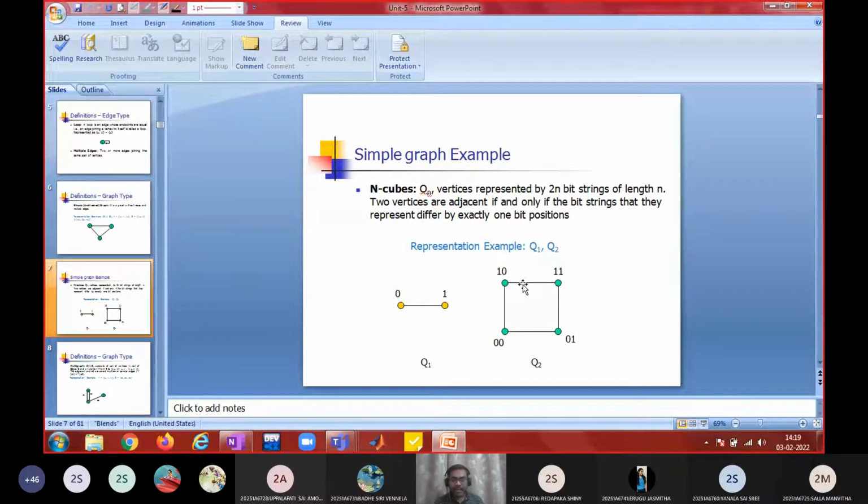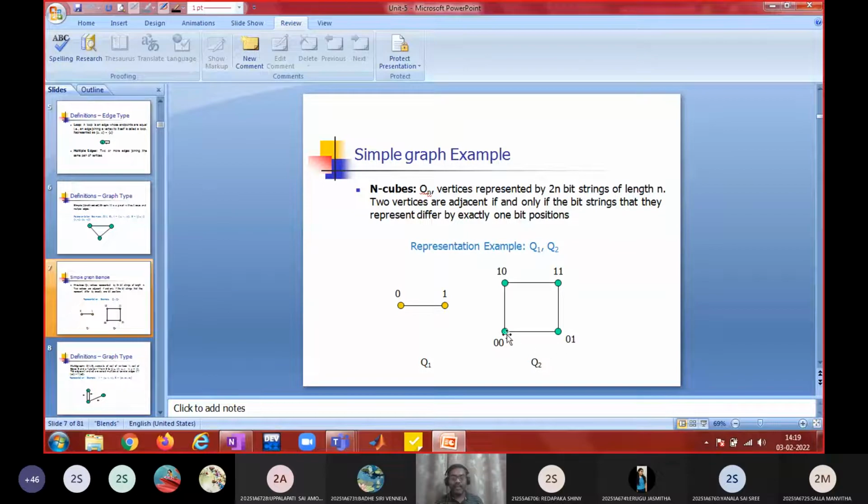Similarly, you see these two, 10 and 11, the 1 is the same, whereas 0 and 1 are changed, so there is only one difference, and therefore these two are connected. Similarly, 11 and 01, there is only one change in the position, so you connect these two.